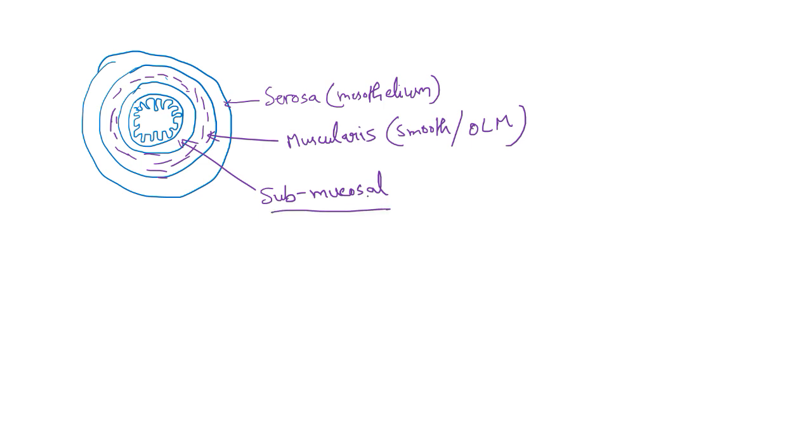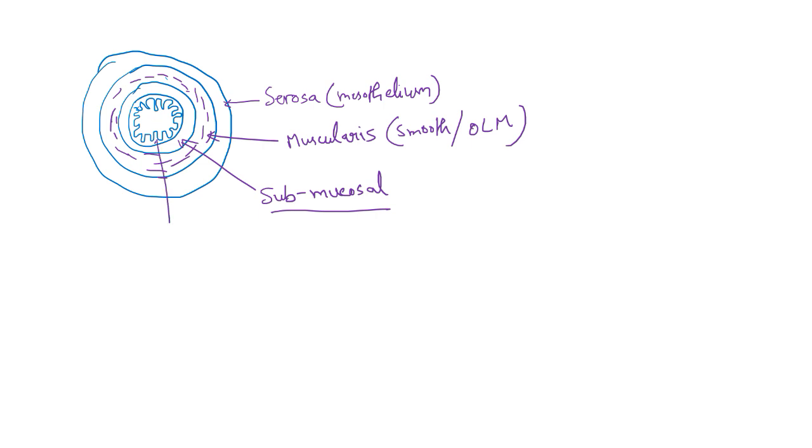No glands are found except in the duodenum. So the submucosal layer in the duodenum only contains glands. Other than that, in the rest of the digestive tract, the submucosal layer doesn't have any glands. In the duodenum it has Brunner's glands. Okay. Remember that.